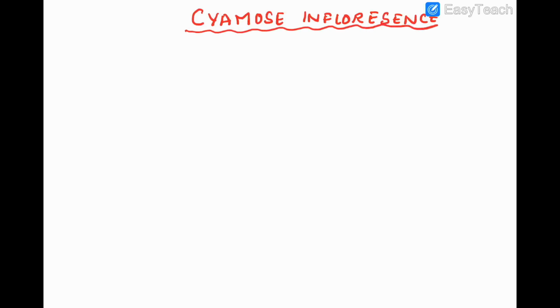Now let us talk about cymose inflorescence. Under cymose inflorescence, the main axis of a flower will terminate into a flower. So the main axis will terminate into a flower.